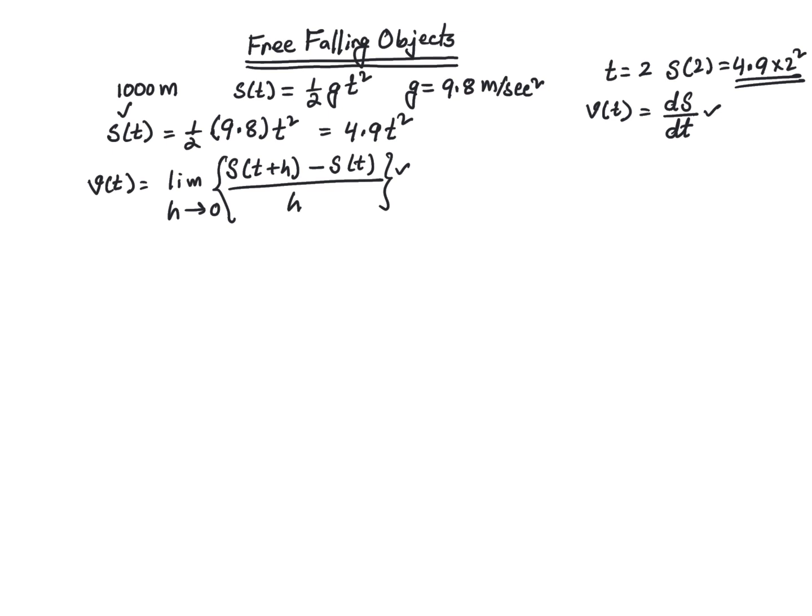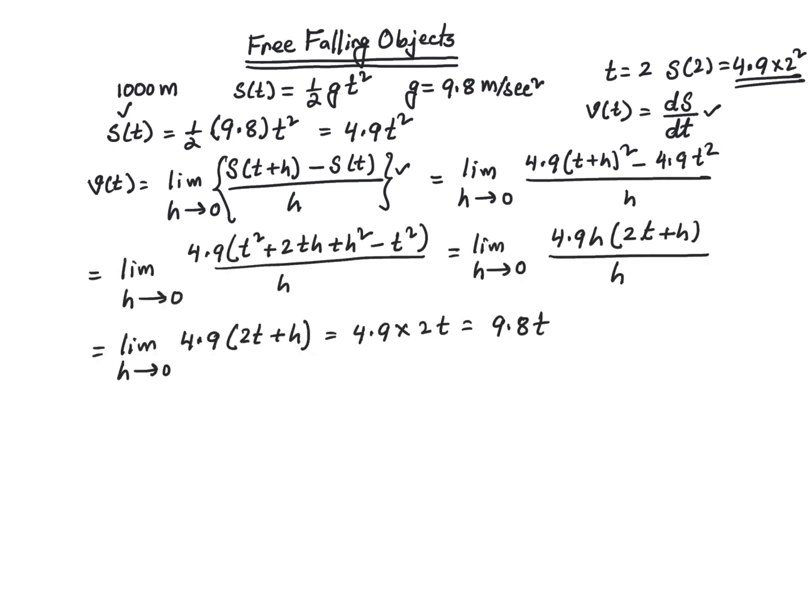Now let's play around with these numbers. We have the limit as h approaches 0 of 4.9 times t plus h, whole squared, minus 4.9 t squared, all divided by h.